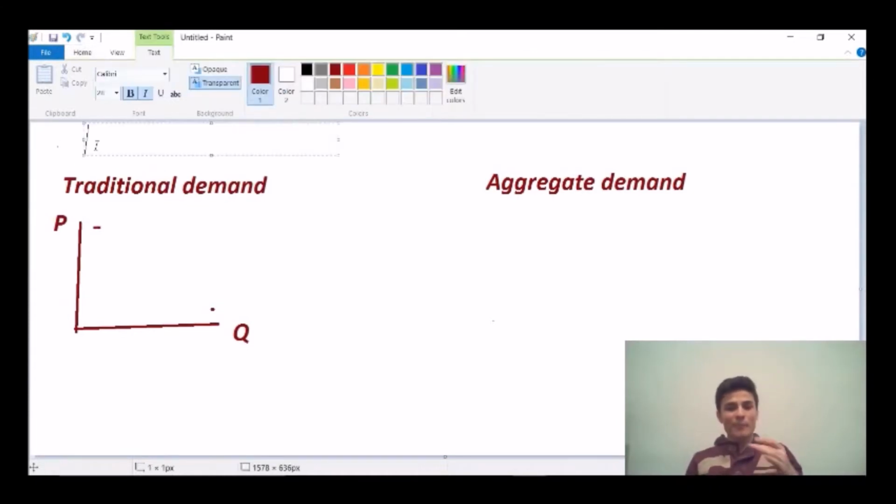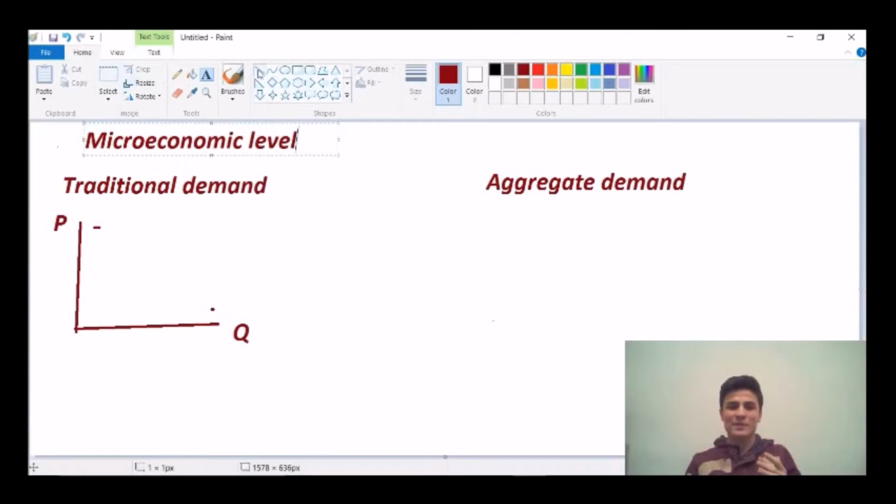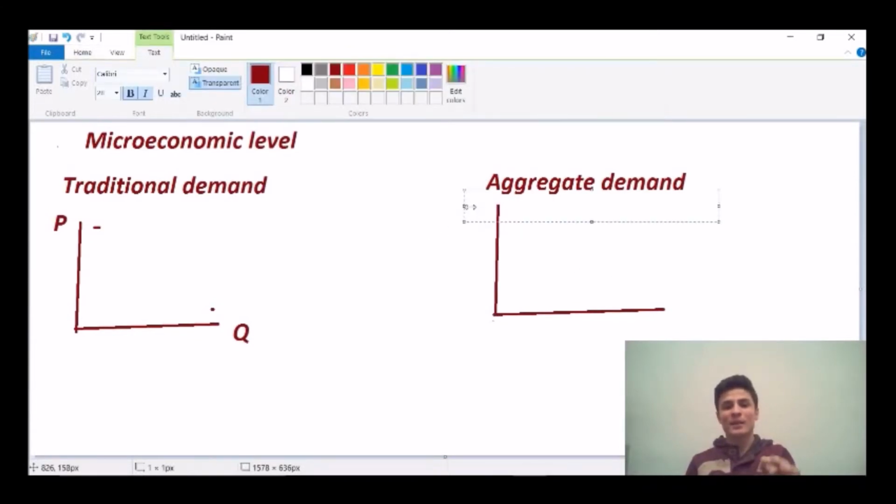But at the macroeconomic level, things are different because this time there are a lot of items produced within a country. Therefore, when we talk about the aggregate demand, we use not a certain item, but the GDP of a country.